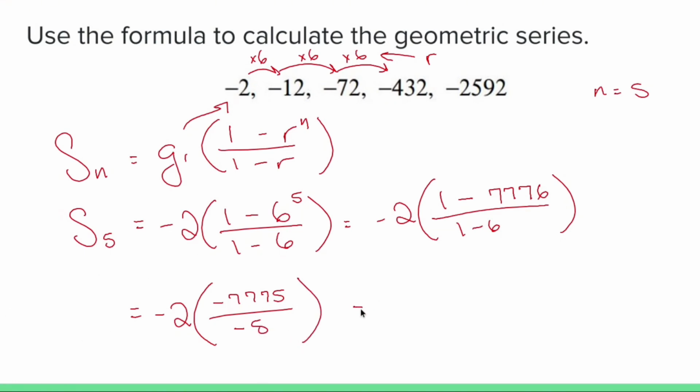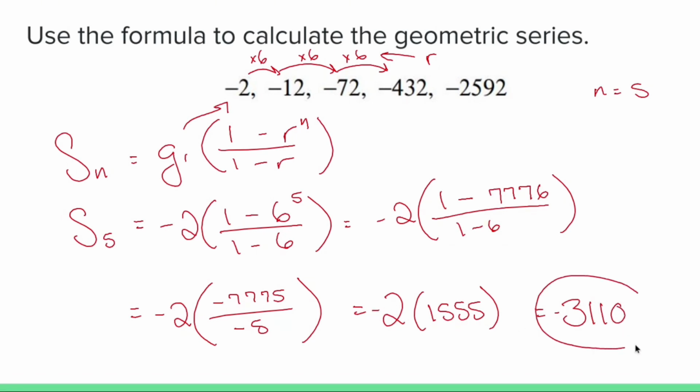This number inside here becomes 1,555. Bet you didn't know that. And then when you multiply that by 2, you get 3,110. But it's negative. Oh, that was a close one. I forgot that negative 2 out here, so don't forget the negative either.